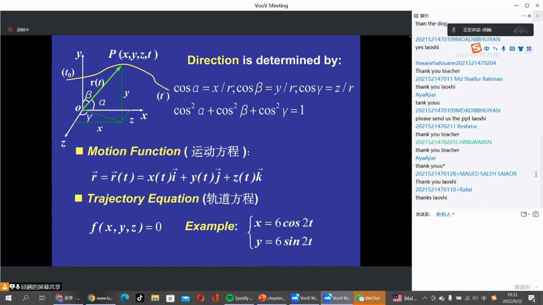Motion function or the trajectory equation? In most cases, the motion function and the trajectory equation can be transformed from each other. There are different forms for the description of motion.